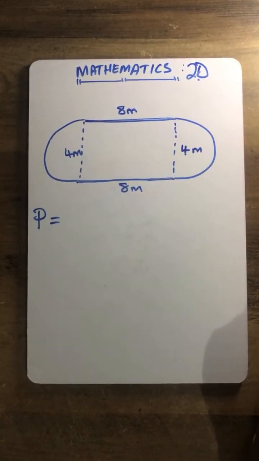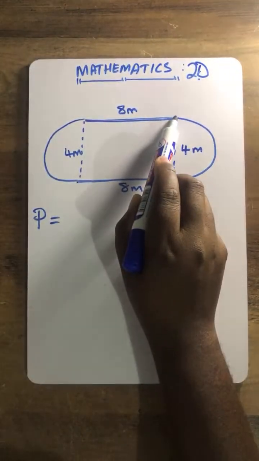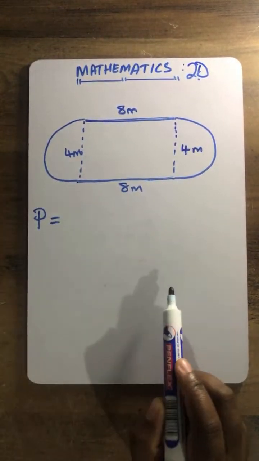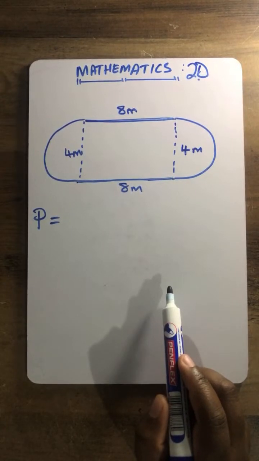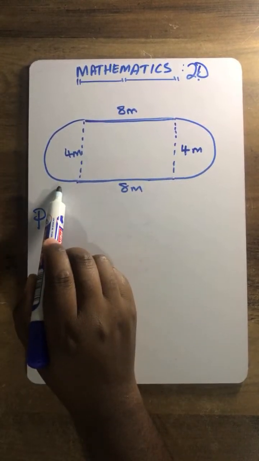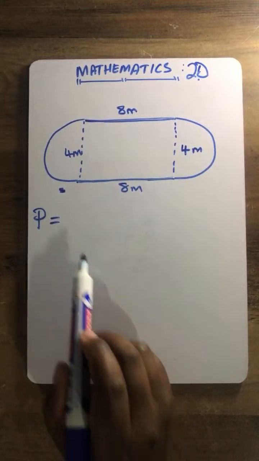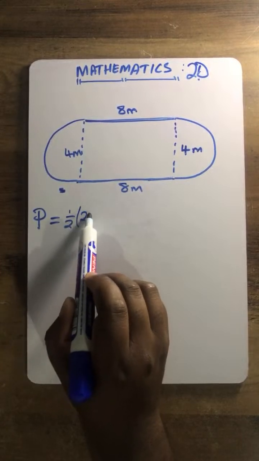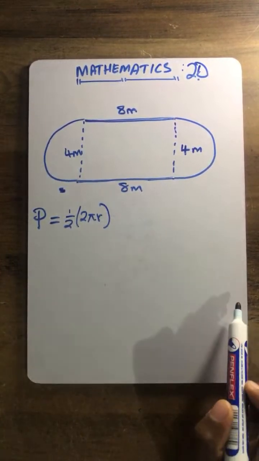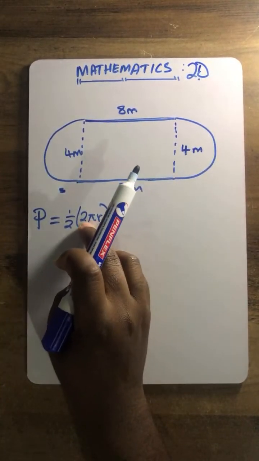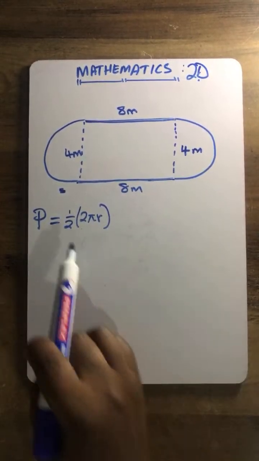So now, from what I notice, I will need to know what is the circumference of that half a circle and the circumference of that half a circle. So I can say this half a circle on the left, that is the perimeter of a circle, this one. But because it is a half, then I will just half it there.